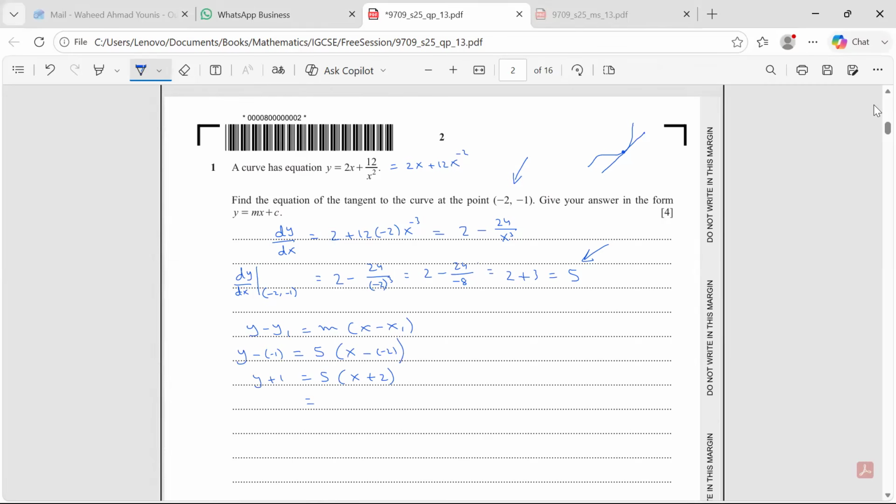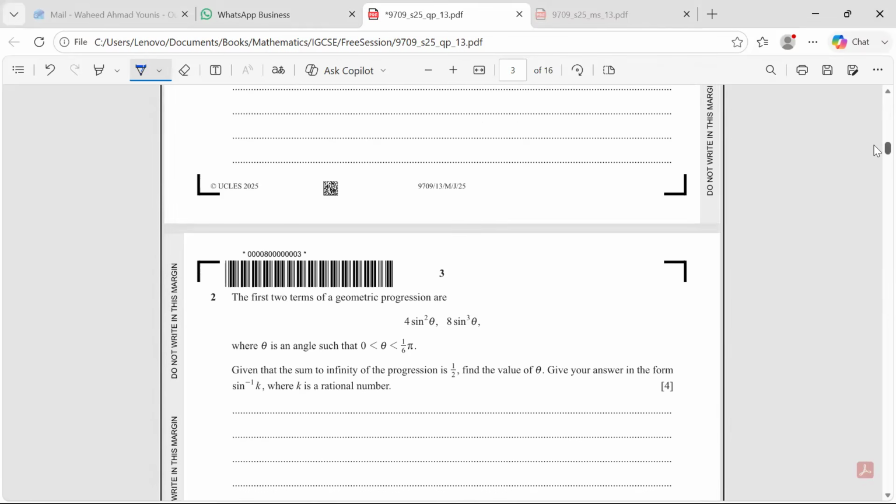So this is 5x plus 10. So if I take 1 to the other side, it is 5x plus 10 minus 1. So it will become y equals 5x plus 9. So this is the equation of the straight line which is tangent to the curve at minus 2, minus 1.